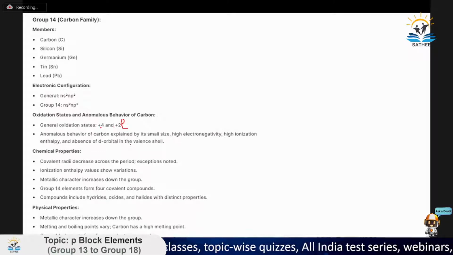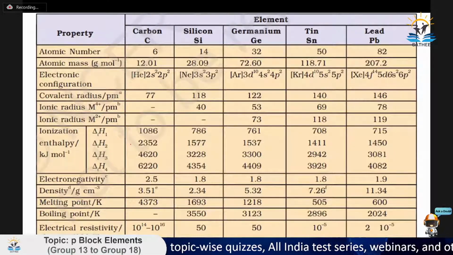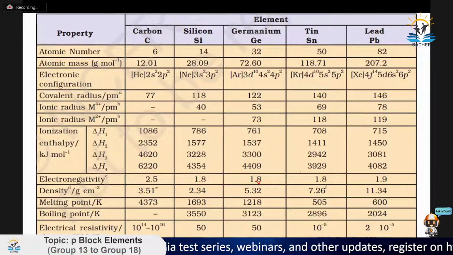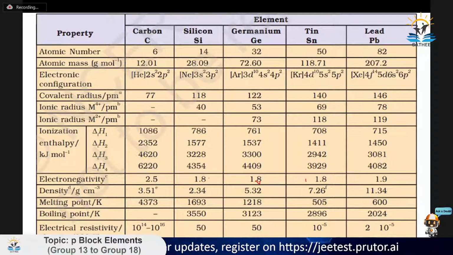And chemical properties, you can just see from the table, the physical properties, right? There is not much of an electronegativity difference between silicon, germanium and tin. There is quite a difference between the densities as we go down, but just see carbon is a bit more dense than silicon. Other than that, it increases as we go down the group.